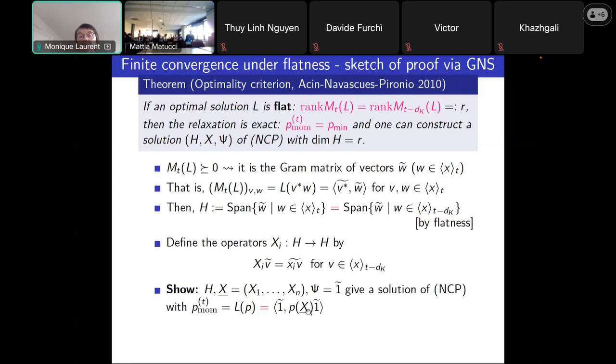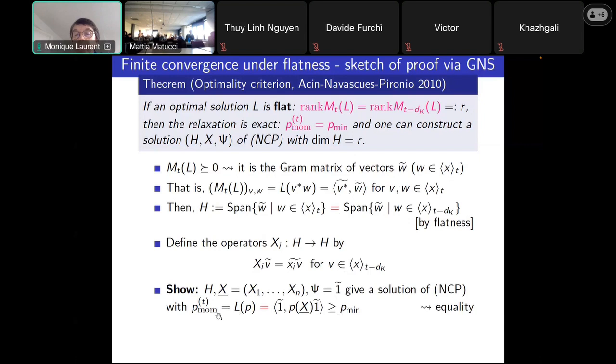This is a property that we can check for the construction, that L of P is also equal to this. And then it means that this thing is larger than the smallest value P-min of the original problem, because the original problem was minimizing over all x and minimizing over all psi. So this value is at least the minimum. This is by definition of the original problem.